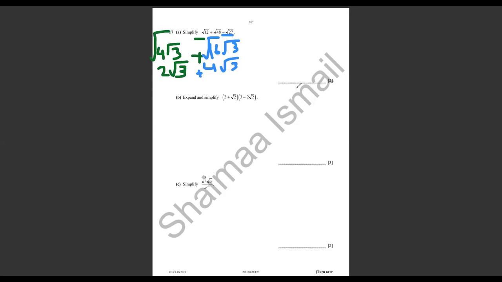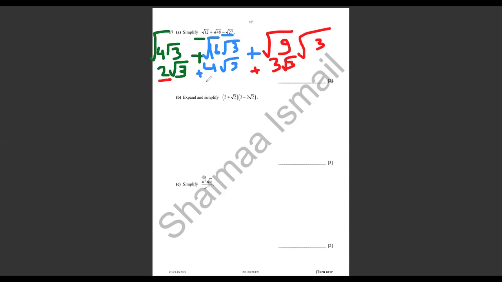And here minus root 27, which is root 9 times 3. Root 9 multiplied by root 3 equals 3 root 3.